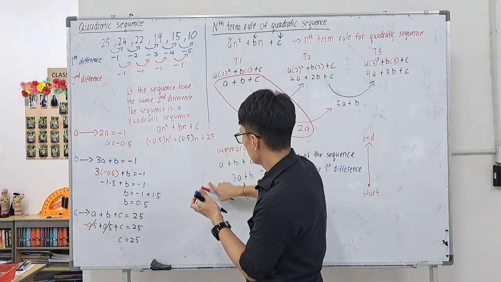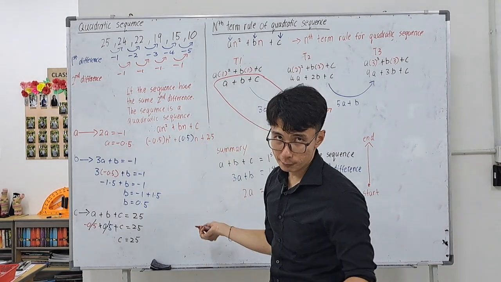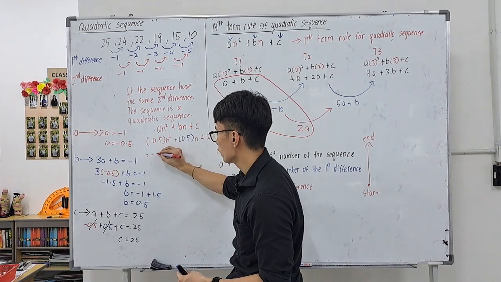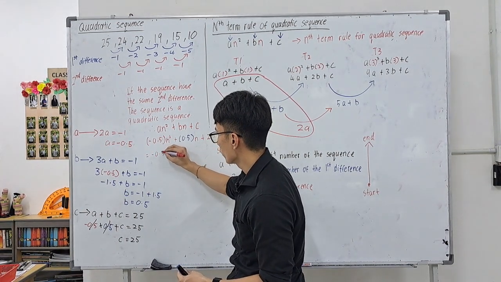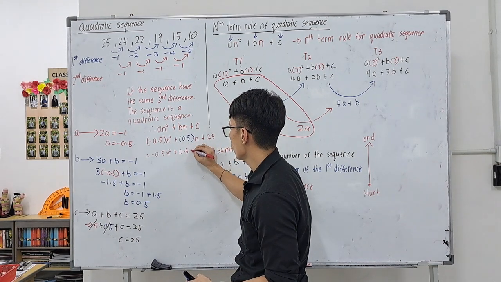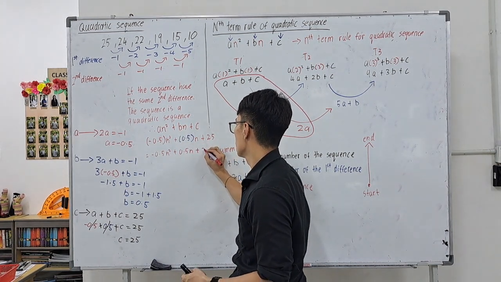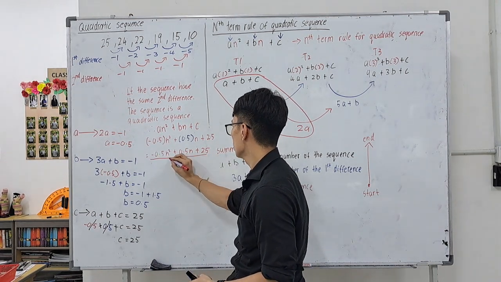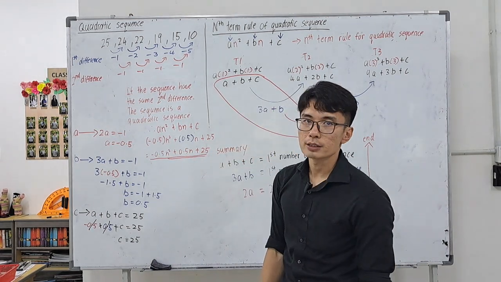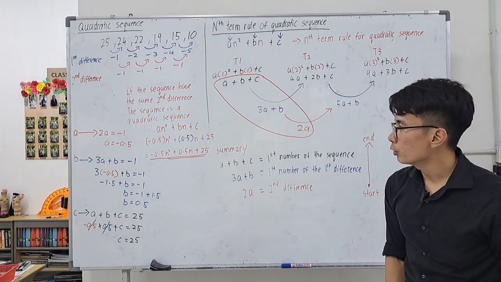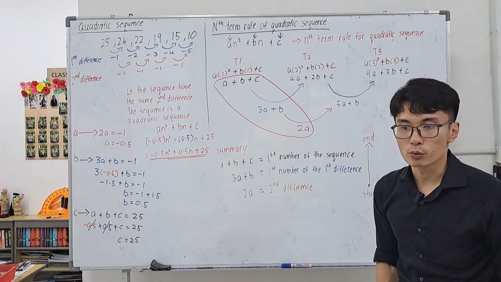Okay, so after that, just expand everything and put everything nicely, so your final answer should look like this: negative 0.5 n squared plus 0.5 n plus 25. That will be the n-term rule of this quadratic sequence.